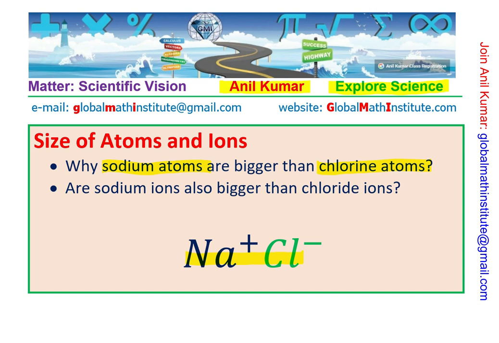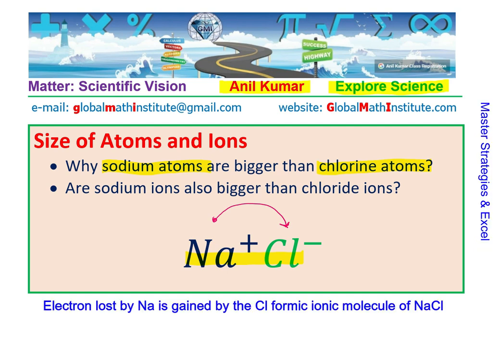The sodium ion is the cation, positively charged, since one electron from the outermost orbit of sodium goes to chlorine, and that stabilizes and forms a very strong bond, NaCl. Since the sodium atom has lost a valence electron, which is gained by chlorine, sodium attains a positive charge.